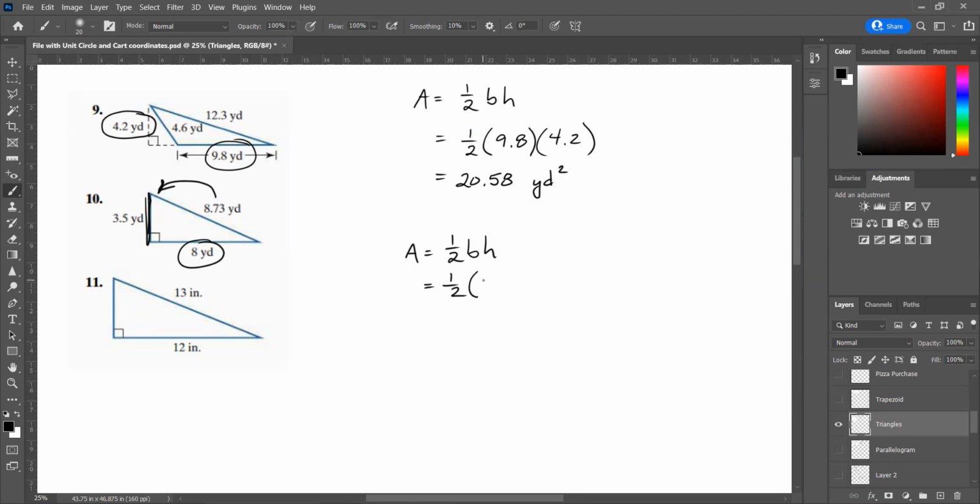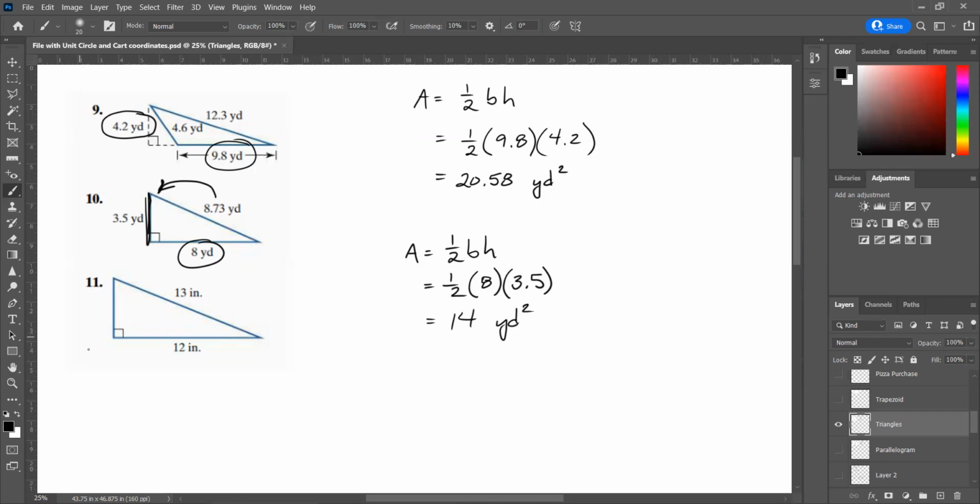You can rotate these lots of different ways and lots of times. As long as we multiply two of those that are at 90 degrees to each other, we'll get the same answer. So 1/2 of 8 is 4 times 3.5 gives me 14. And again, those would be square units.